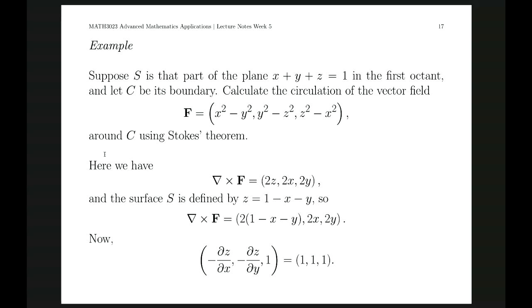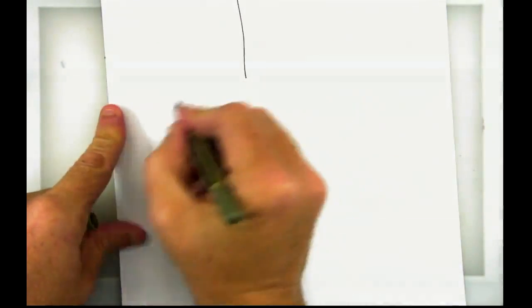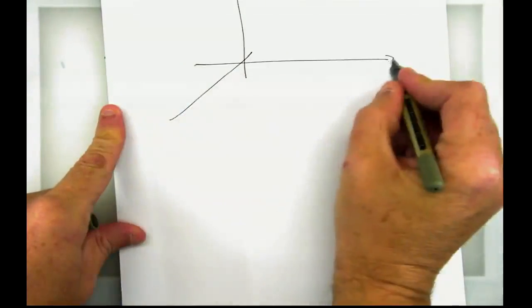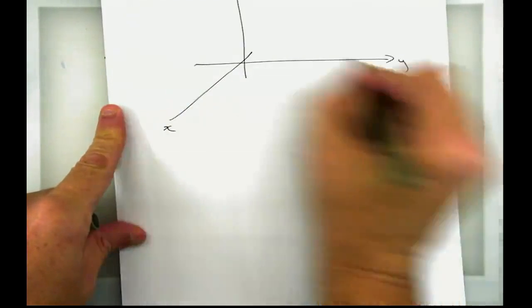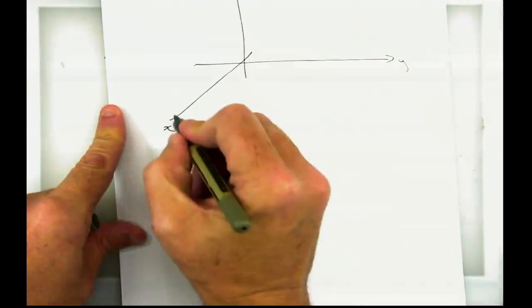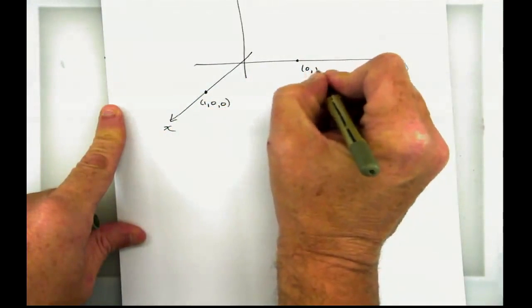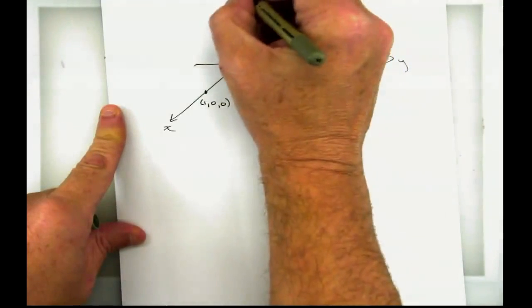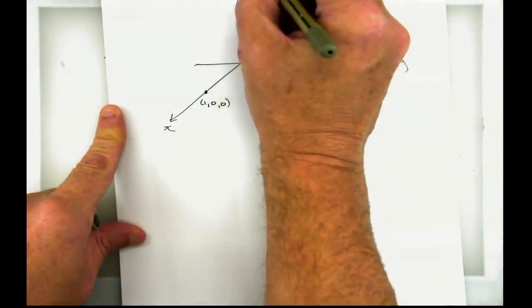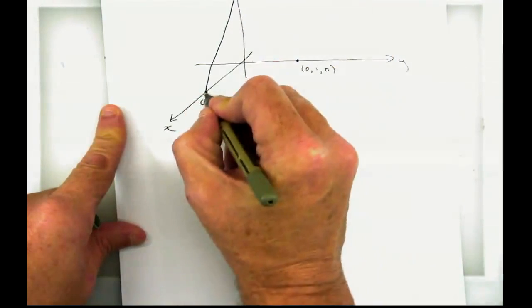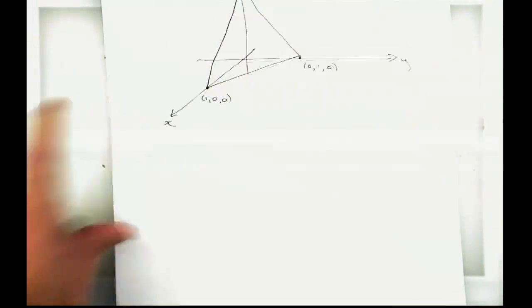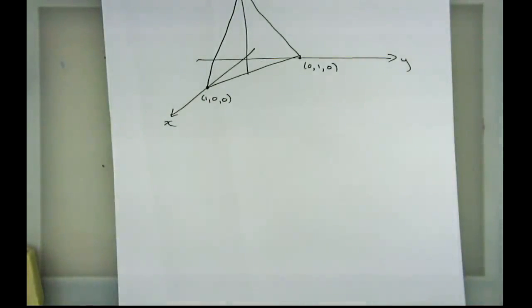So you could think of it like so. So that's 1, 0, 0. All right, so this plane x plus y plus z equals 1.